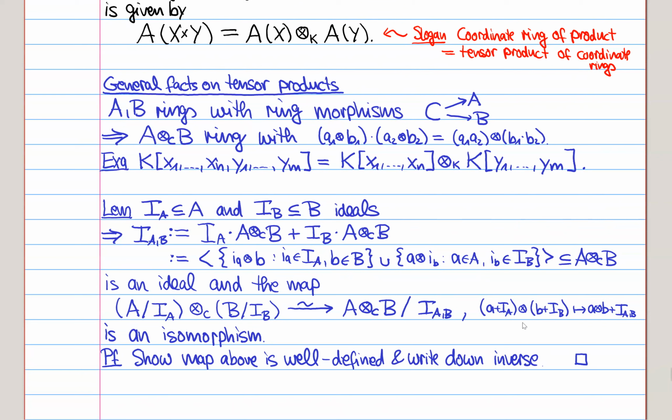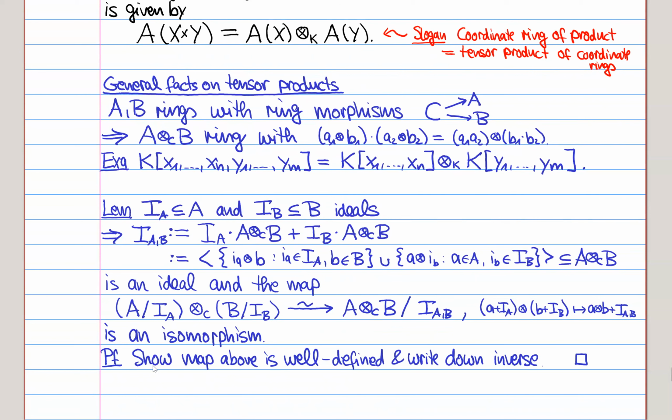You extend bilinearly to get this map, which uses the universal property of the tensor product. The claim is that this map is an isomorphism, so you can compute such quotients just as the tensor product of the respective quotients.